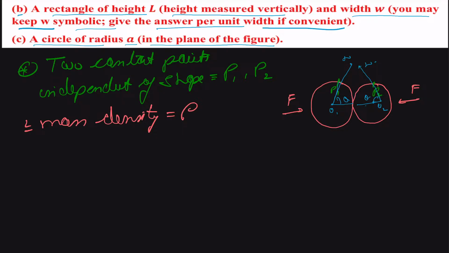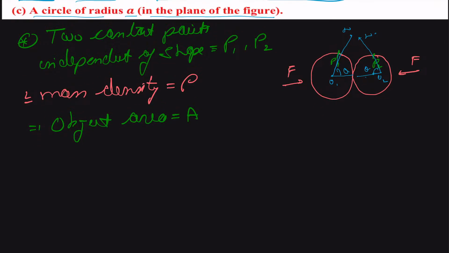For the sake of convenience, we assume that the object area is A. Therefore, we can write that the mass of the object will be equal to m, and that will be equal to rho multiplied by the area.